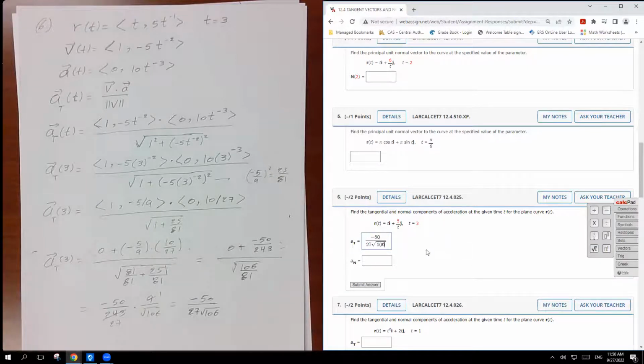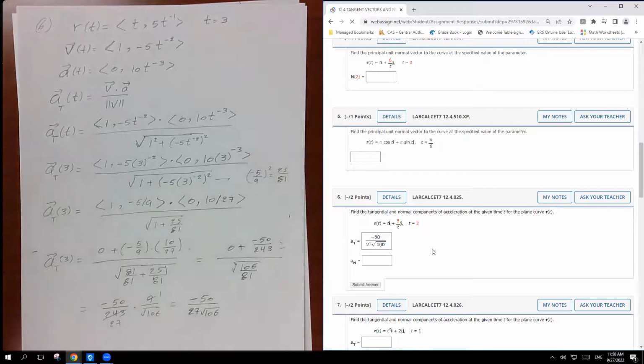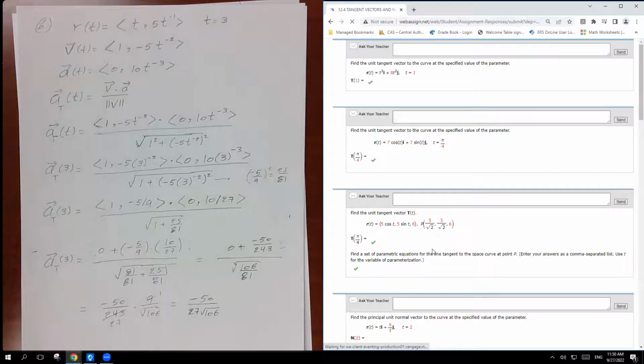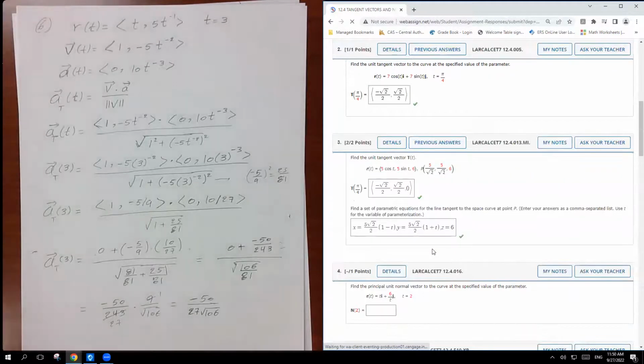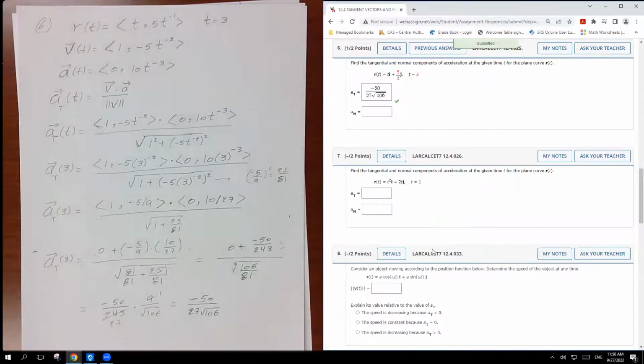I know it's not a normal number, but that's what we got. The second part is, let's see, oh yeah. So don't be scared if you got something like this one. We just simplified. We're doing everything right, so just go ahead and plug in and you're going to get the right answer.